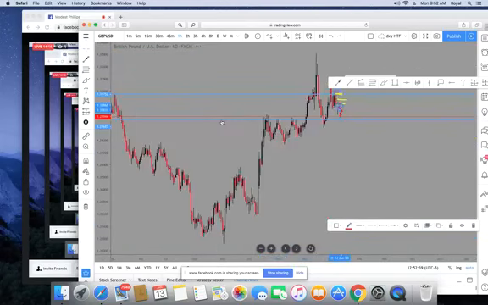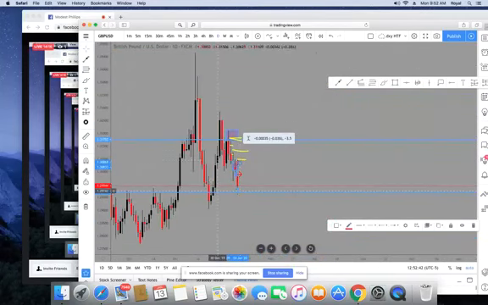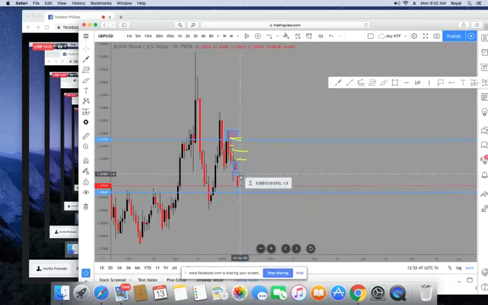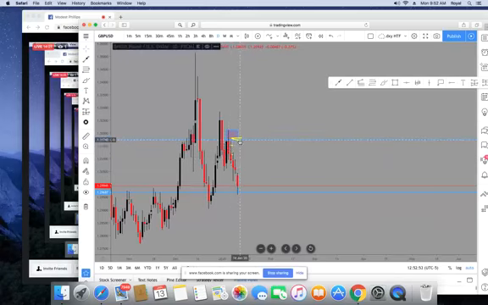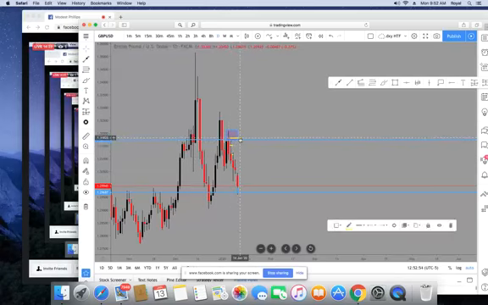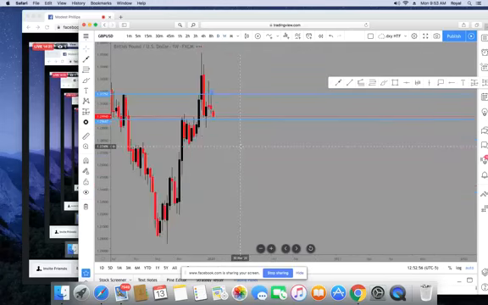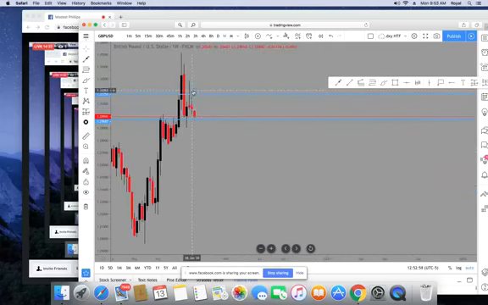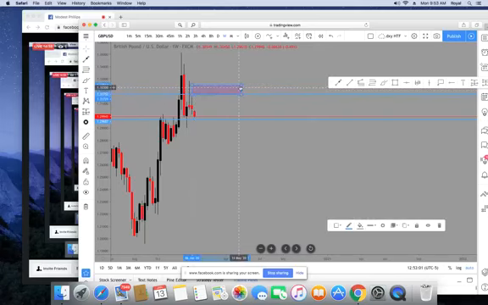Now, what I like to do is, if I'm going to be buying this monthly level, because this is a monthly level that we're buying, then I'm going to be looking to ultimately see the market move up to a weekly supply zone.